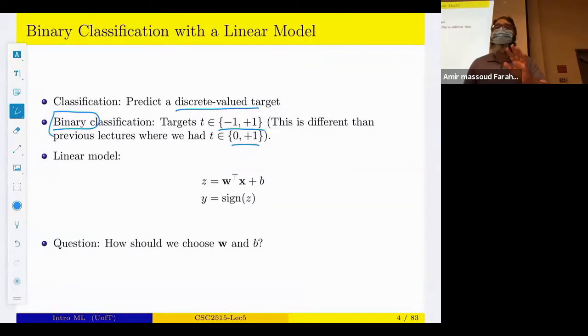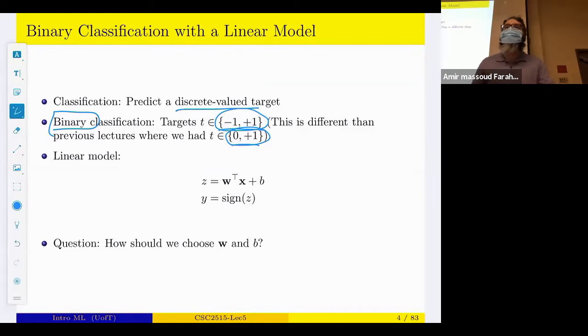Let's continue with binary classification with a linear model. The only difference from before is that instead of considering targets to be 1 and 0, we consider them to be -1 or +1. This is just for algebraic simplification. There is nothing inherent in this labeling.